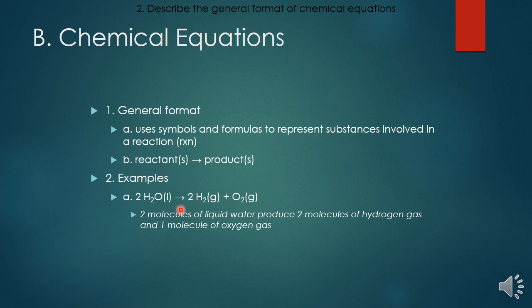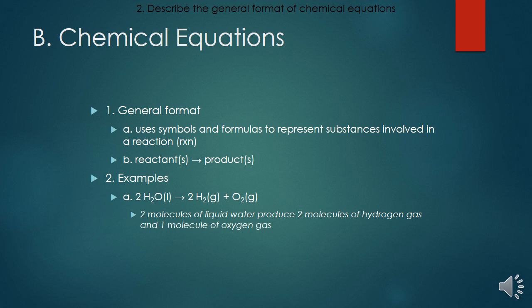Notice the arrow corresponds to the word produce in the sentence: 2 molecules of liquid water produce 2 molecules of hydrogen gas. Anytime we see this arrow, that tells us we have a chemical reaction going on. We're going to get at least 1 new substance. There is more than 1 word we could write for that. It would not have to say produce. It could say it forms 2 molecules of hydrogen gas, or it yields 2 molecules of hydrogen gas.